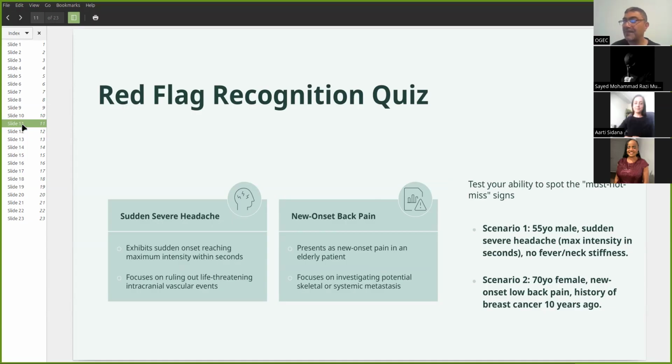So now, here are two scenarios. One scenario is a 55-year-old male with sudden severe headache, maximum intensity in seconds. The patient doesn't have any fever, and doesn't have any neck stiffness.